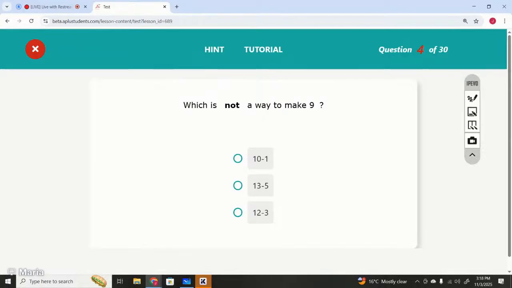Which is not a way to make 9? That is 12 take away 3. Option number 3 is the correct option.